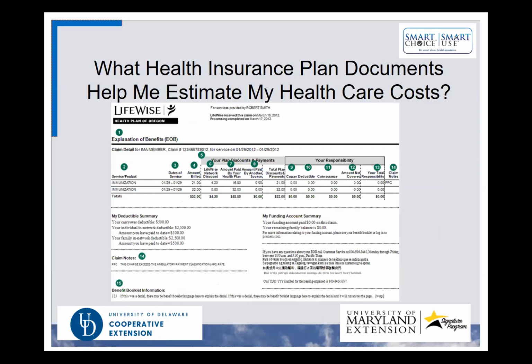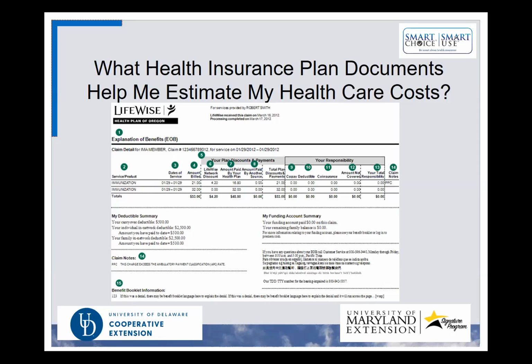And then the third place you can get that is from your explanation of benefits statement. If you look at the example there, you typically get this on a monthly basis, and it would show you the services that you received. If you look under 2 and 3, you see what the service is. 4 talks about the amount billed, and then a breakdown of some other costs as it goes along there.